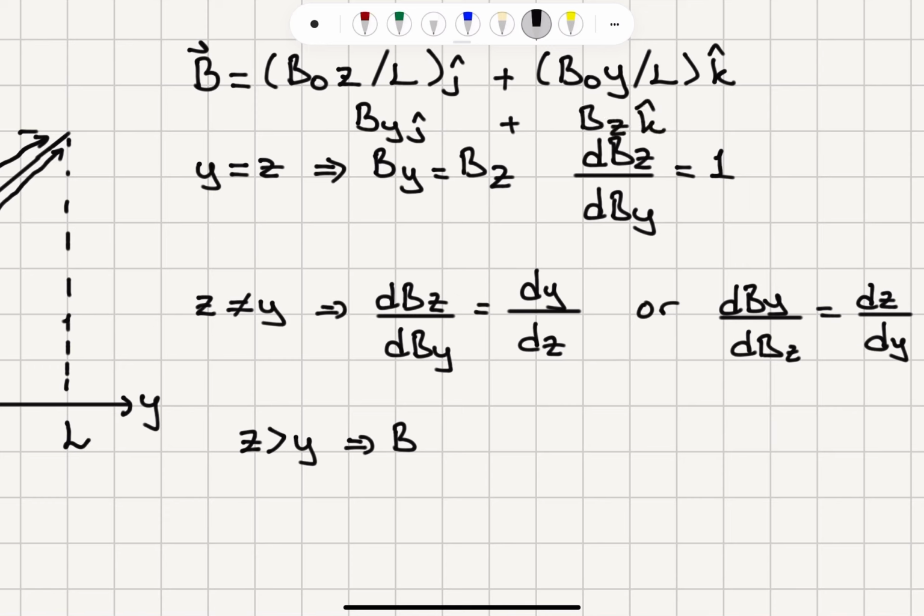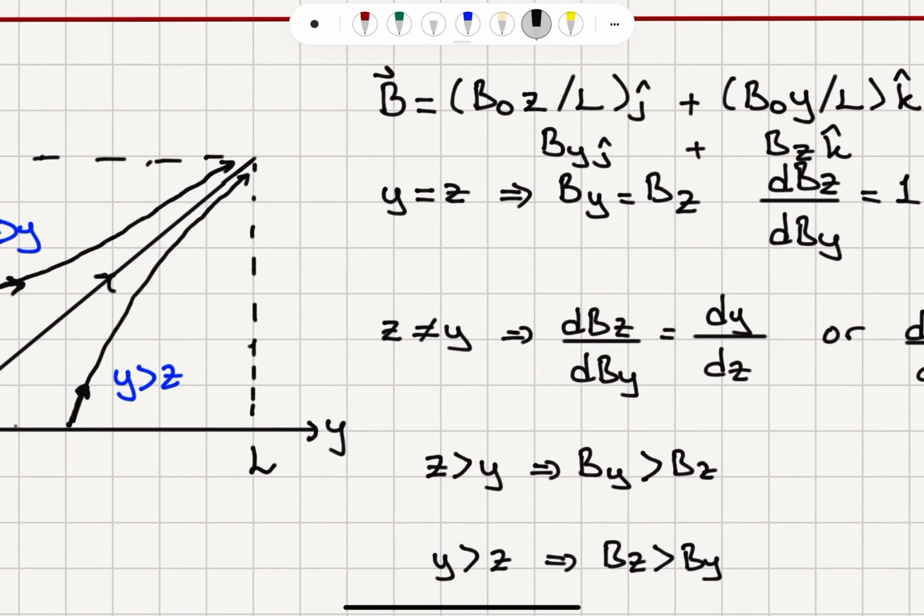If z is greater than y, then the y component of the magnetic field must be greater than its z component. If y is greater than z, then the z component must be greater than the y component.